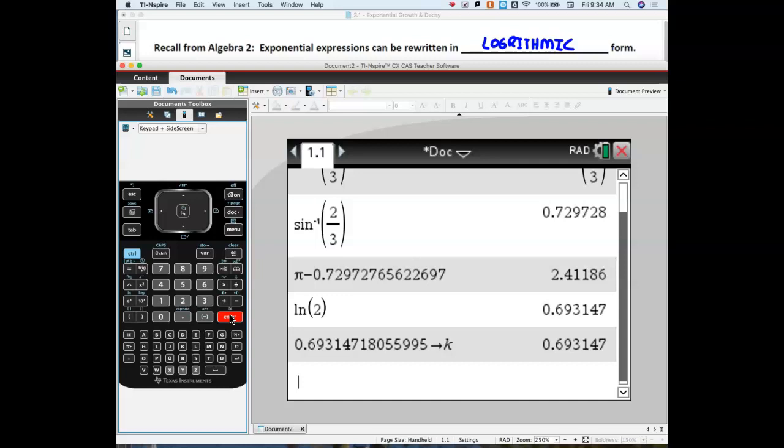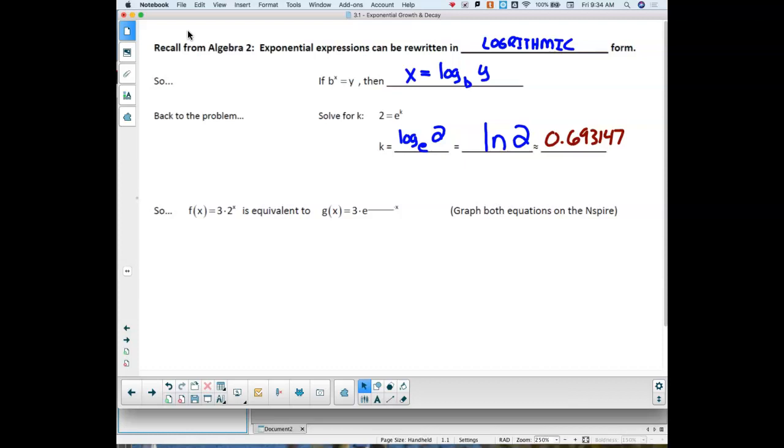And I'm going to go back here now to this equation right here. Okay, whoops, dropped my marker. Okay, so then this is 0.693147 right there. Okay. If these two are truly equivalent, I can do two things.